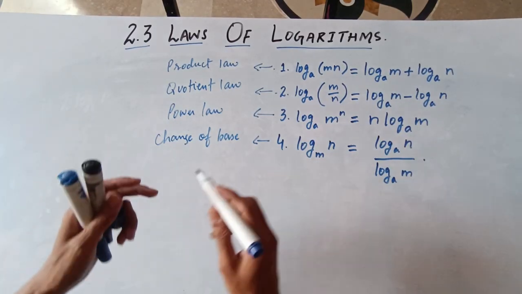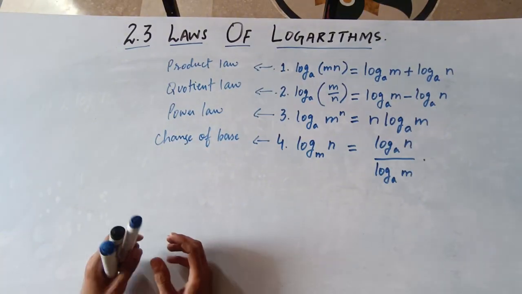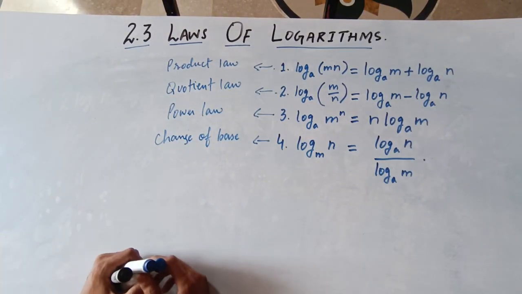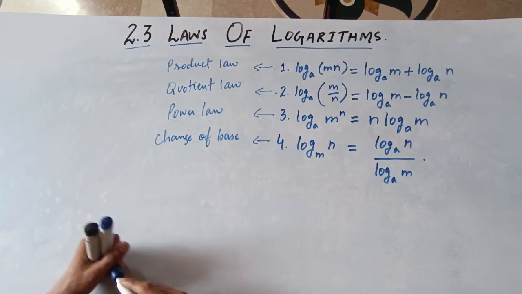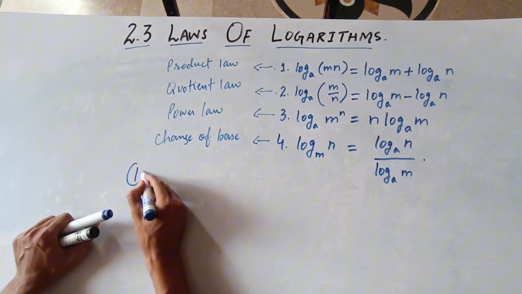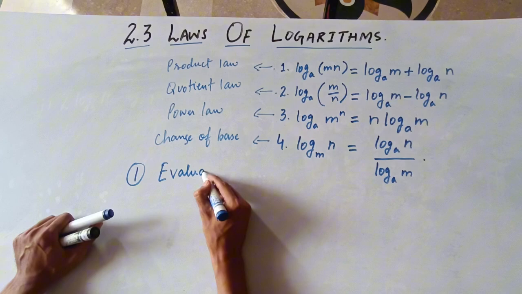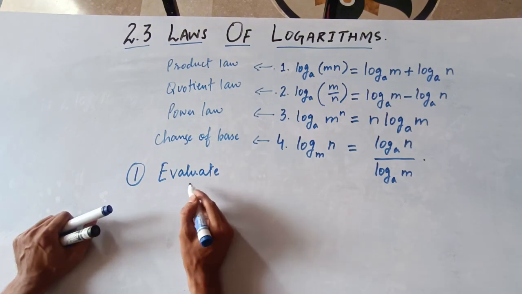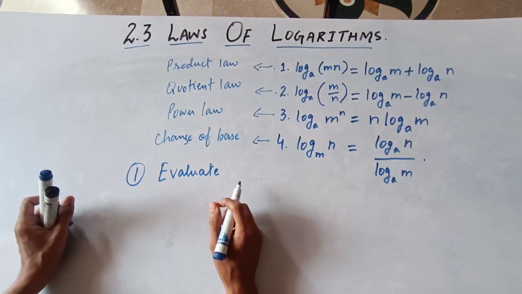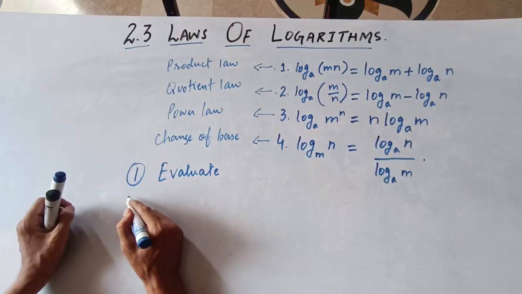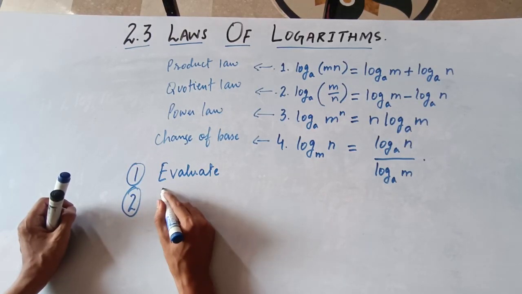All these laws we can apply in our questions, and there are a total of 4 types of questions that could be asked in the exam. The first one is evaluate. In this type of question you need to find the value of the given expression by using the laws of logarithms. The second one is expand.